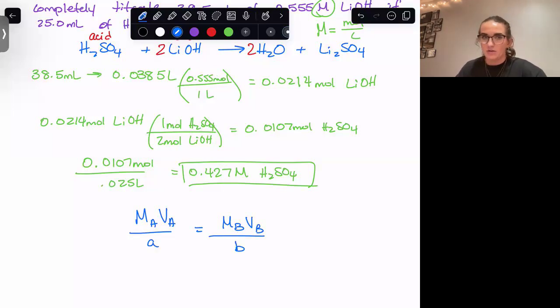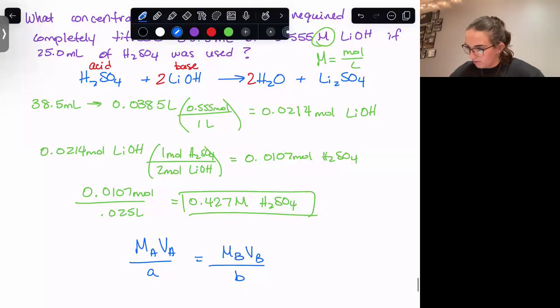So you can use this and check it for what we just did. In our equation, this 1 that's here, this is A, and this 2 here, this is B. So that's how you would plug it in.